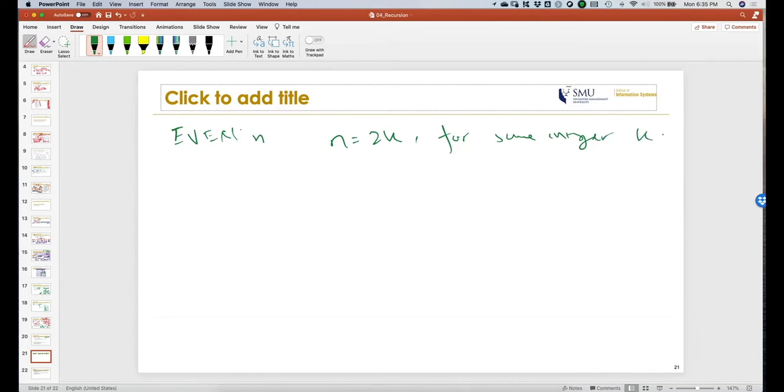Now, we're going to do this by induction. So the base case is the same. We just have to show that for n equals 0, it's going to return x to the n, which equals 1, which is by definition, because we have the base case here that is going to return 1, right?